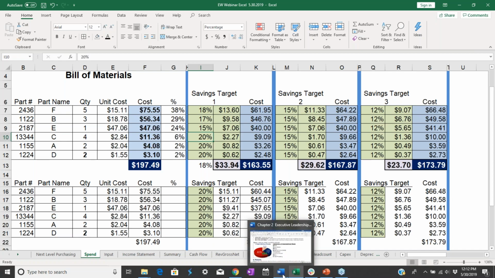I want to bring something to your attention that could be very, very useful when we're looking for categories for cost reduction outside of the price points.